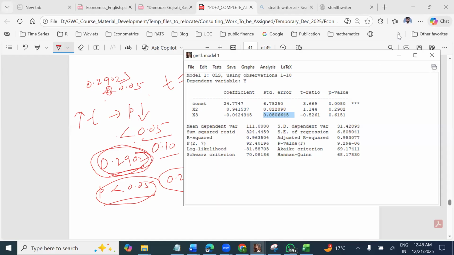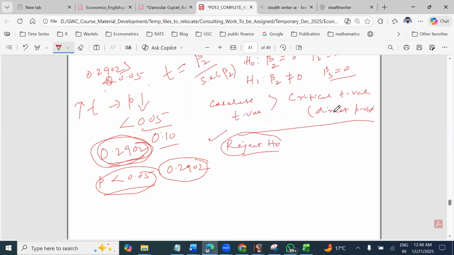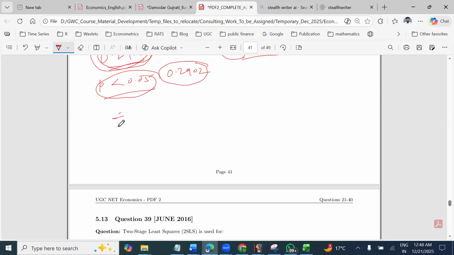Just now I told you, in case of multicollinearity, what is the problem? First, you should know a high R square, but few significant T ratio. Is it clear?